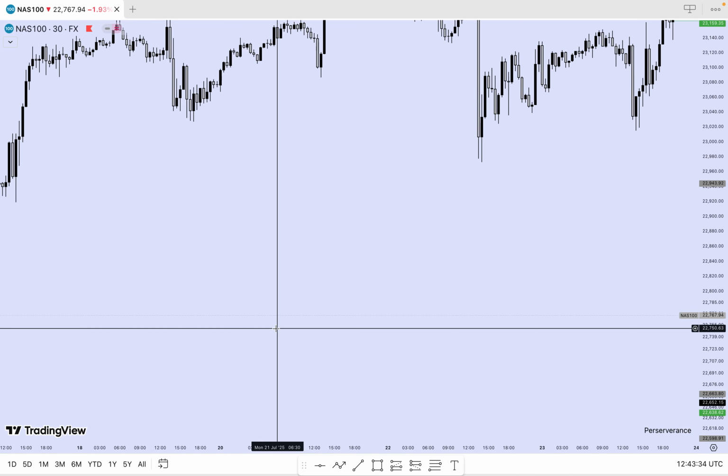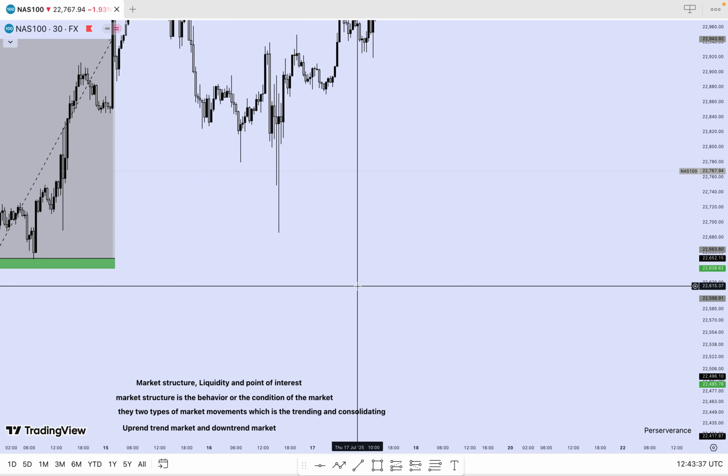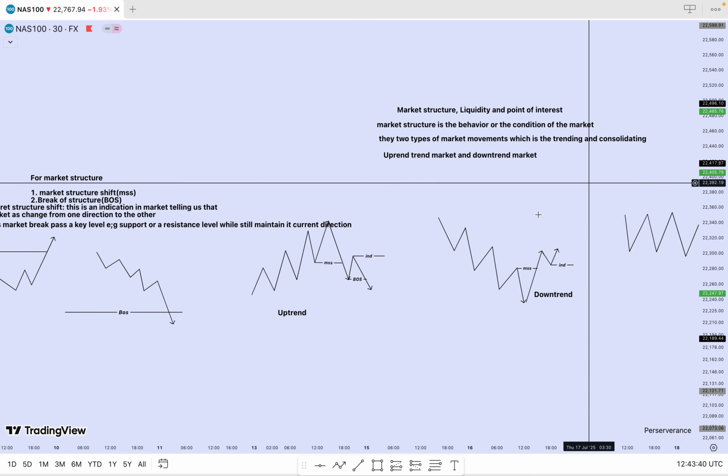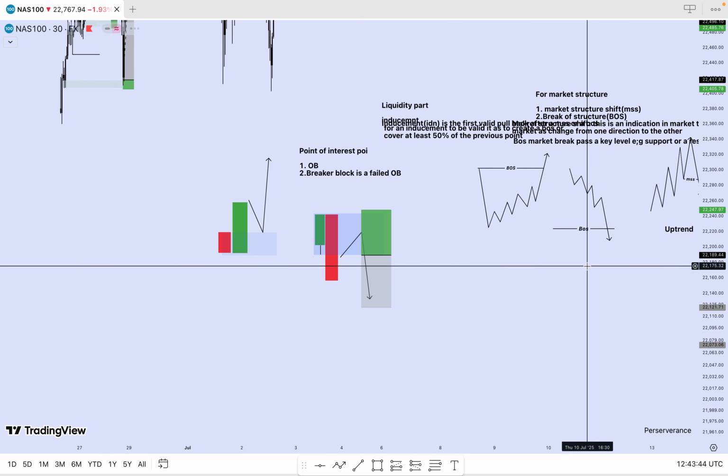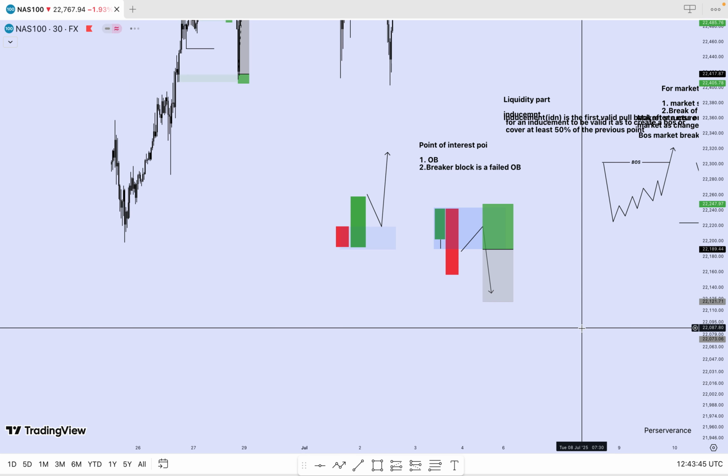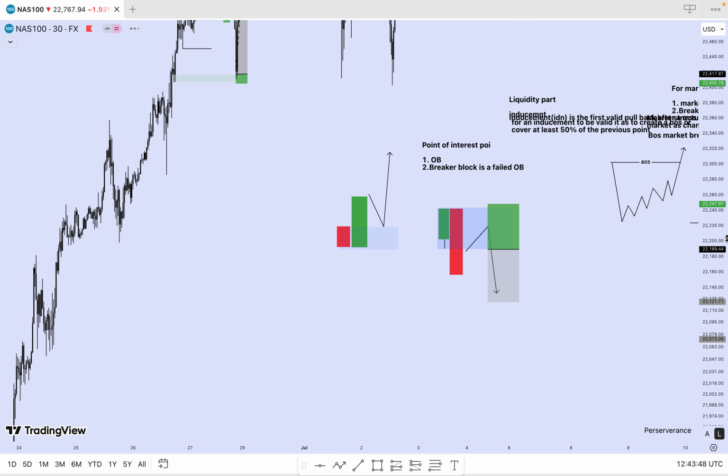And then for the breaker block aspect of things. I say a breaker block is a failed order block, right?